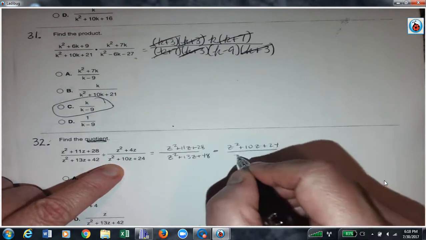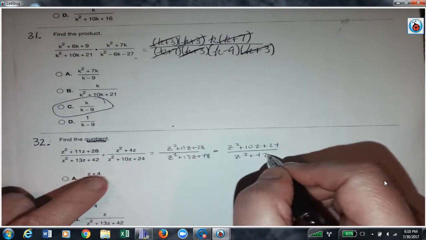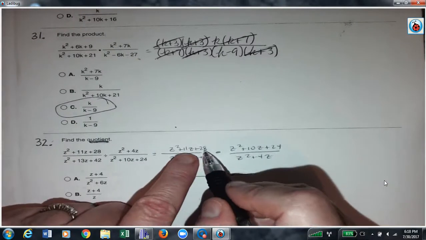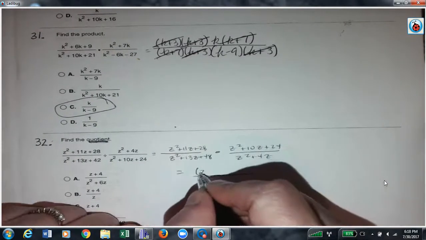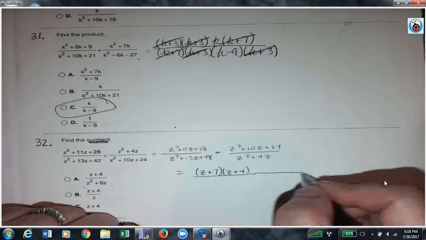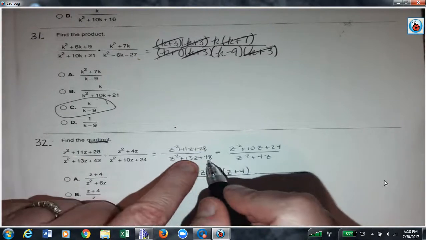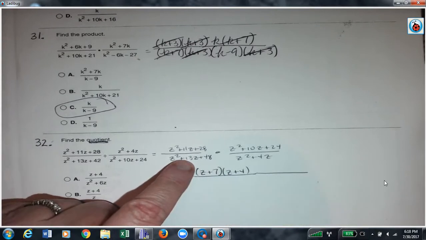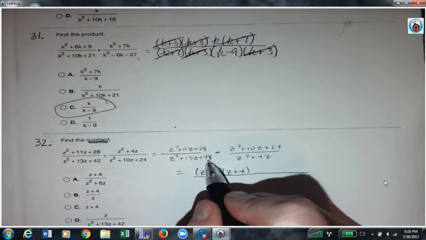So if it's a quotient, we have to do that rule first. Now, 7 times 4 is 28, so this is going to be that. 6 times 8 is 48, but 6 plus 8 is 14, so that will not work.